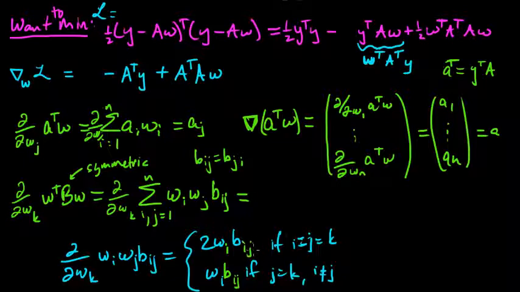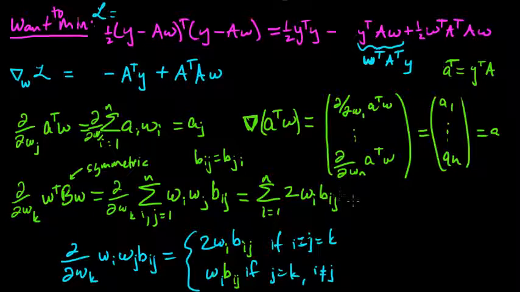This is just a little calculation, but I wanted to make sure you see how to do it. Two of these occur, and so we just get the sum over I from 1 to n of 2 times wi bik.